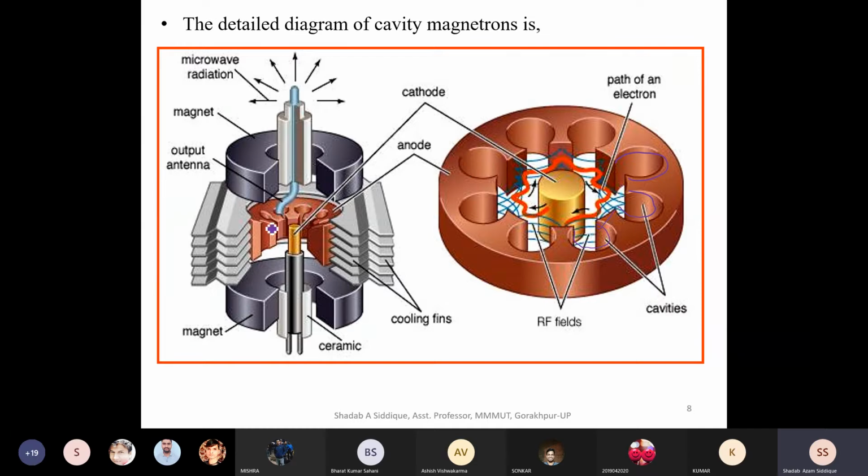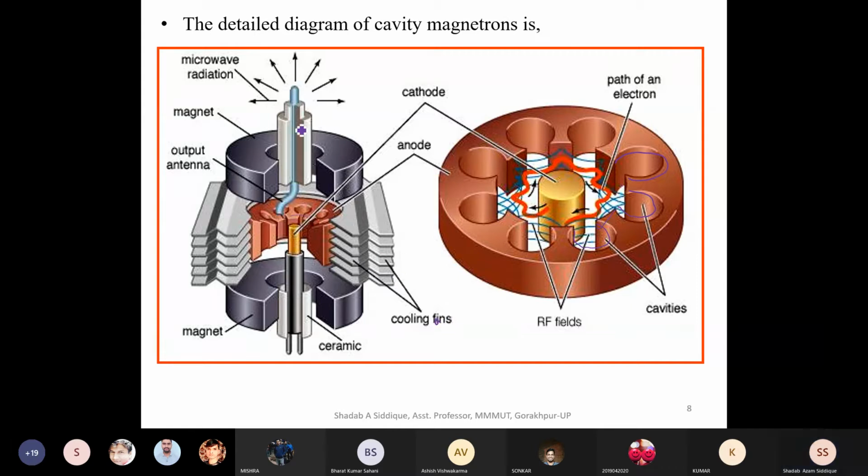Just after the anode, a cooling fan is attached. That is responsible for cooling out any heating produced, which will be cooled by the cooling fans.